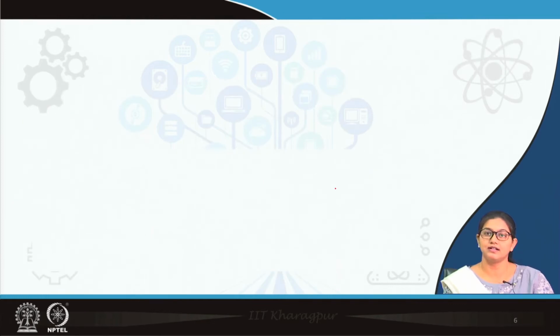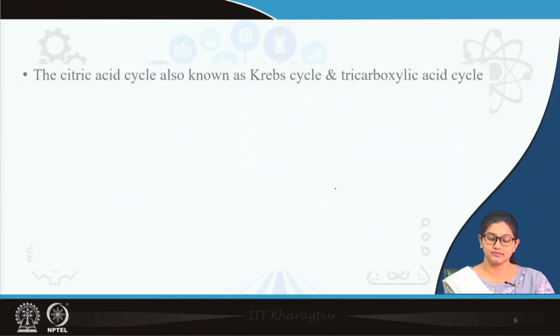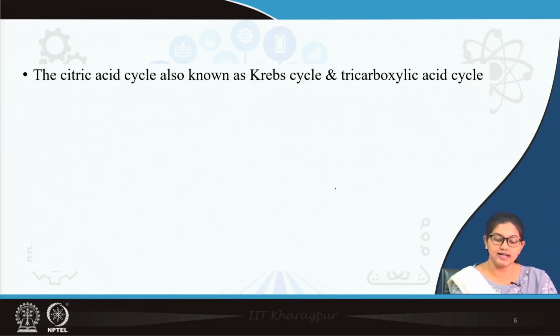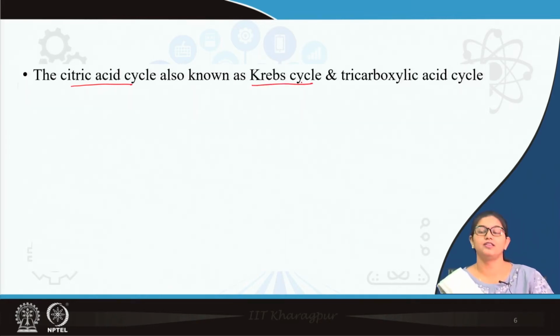Now, what happens in TCA cycle? TCA cycle is tricarboxylic acid cycle, also known as citric acid cycle, also known as Krebs cycle, because it is named after the discoverer Hans Krebs.